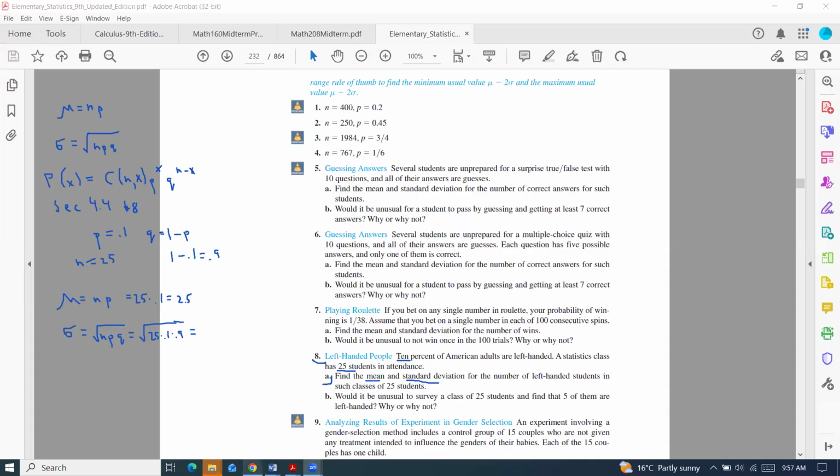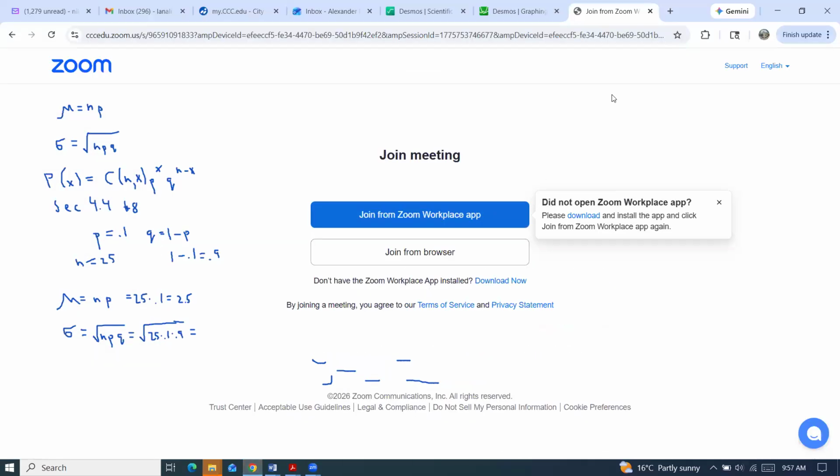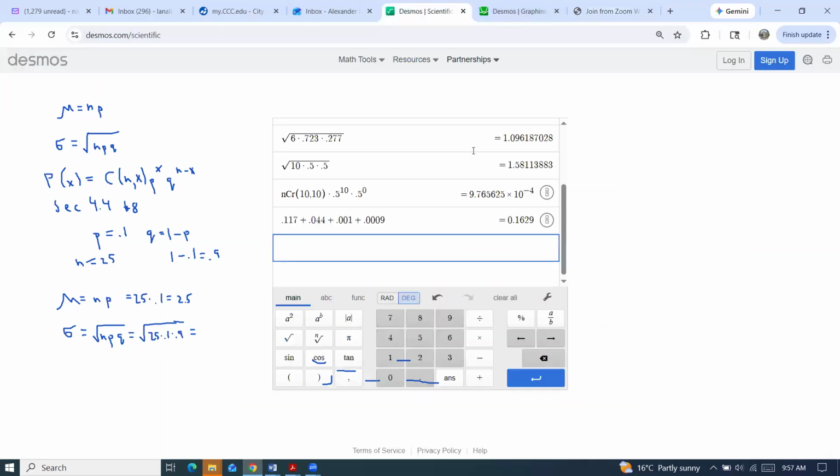So let's go for the favorite calculator. I have here the scientific calculator that we used last time, still here, so I can continue using it. So square root of 25 times 0.1 times 0.9. 1.5. Okay, 1.5.